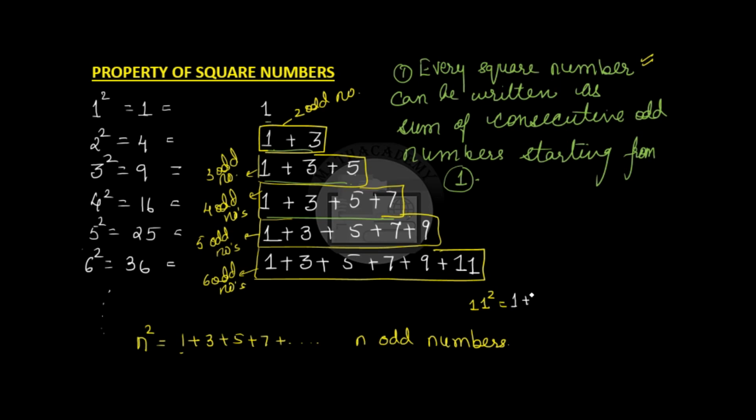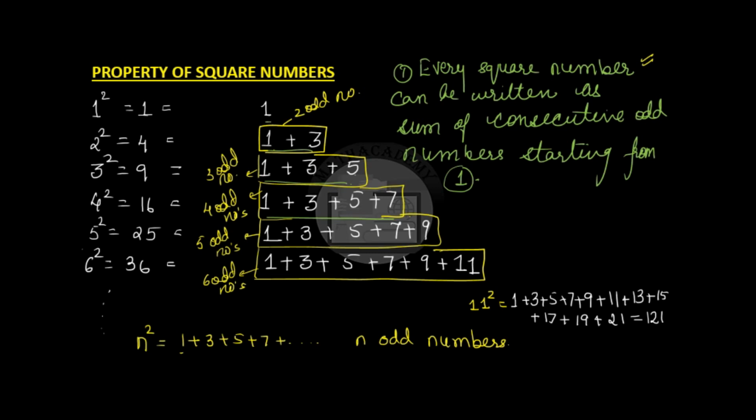So 1 plus 3 plus 5 plus 7 plus 9 plus 11 plus 13 plus 15 plus 17 plus 19 plus 21. I hope I have written all the 11 numbers. Correct. And you can add all these numbers and you can see that it yields us 11 square, which is 121.